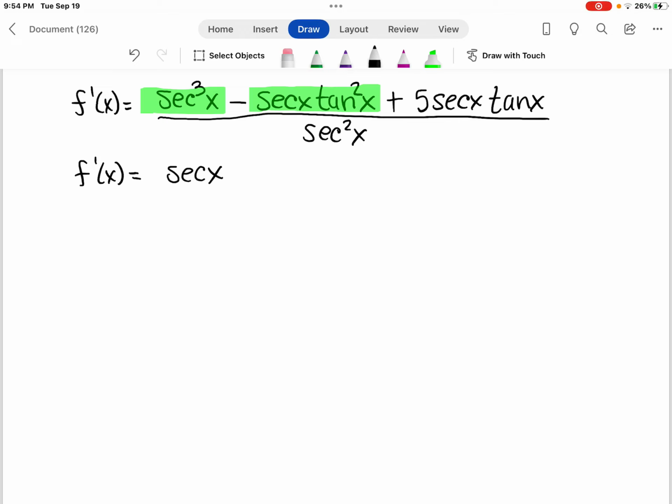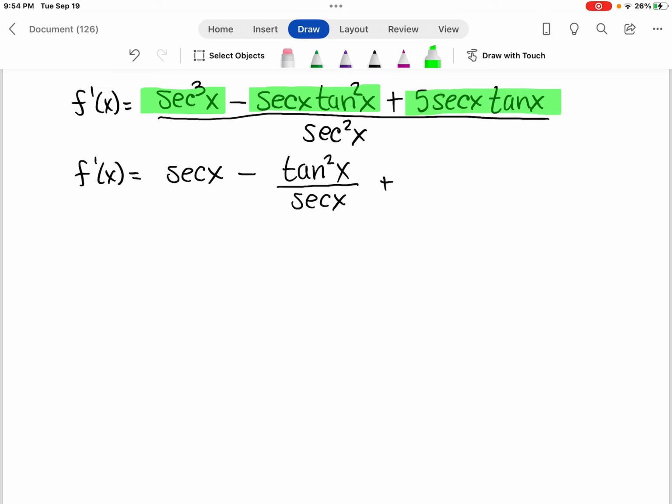On the top and the bottom, I can get rid of a secant, and I'm going to be left with tangent squared x in the numerator over secant x. Because I cross off a secant in the top and the bottom, and I'm still left with one in the denominator.